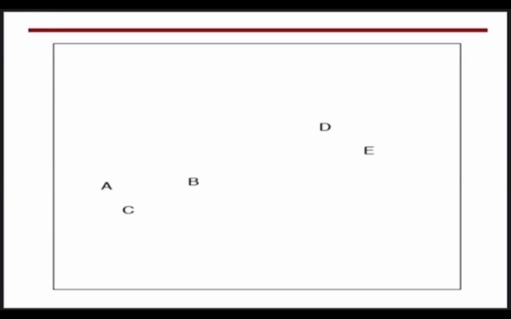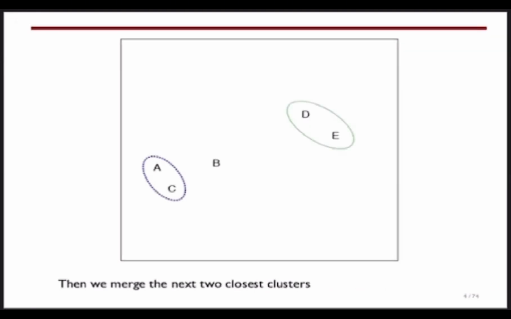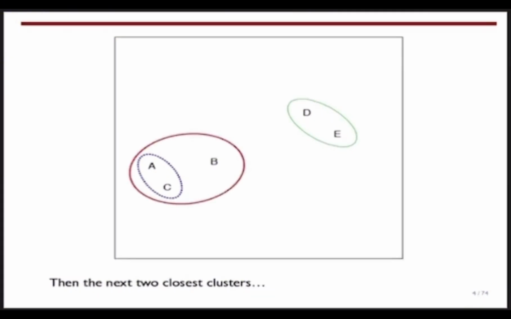Now, take a look at this. I got 5 objects, and I want to use the idea of hierarchical clustering. I'm going to start with the 2 objects that are closest, which are A and C. Then the next closest are D and E. Please pay attention here.